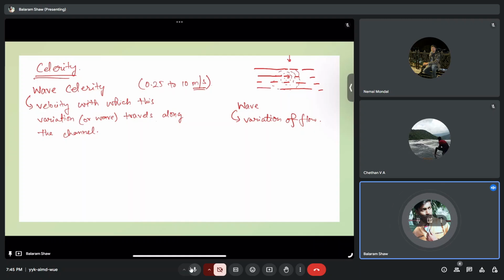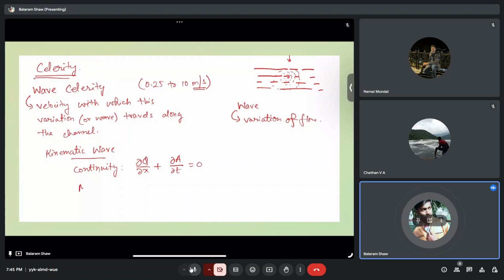Okay, the kinematic wave model is defined by the continuity equation that we have seen. The continuity equation was the first one, the differential equation: del Q del x plus del A del t equals 0.